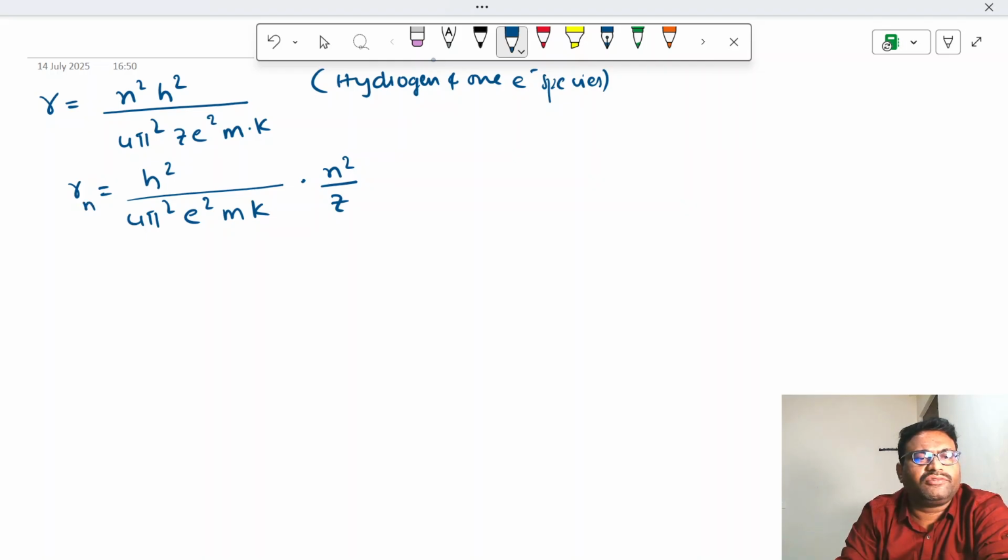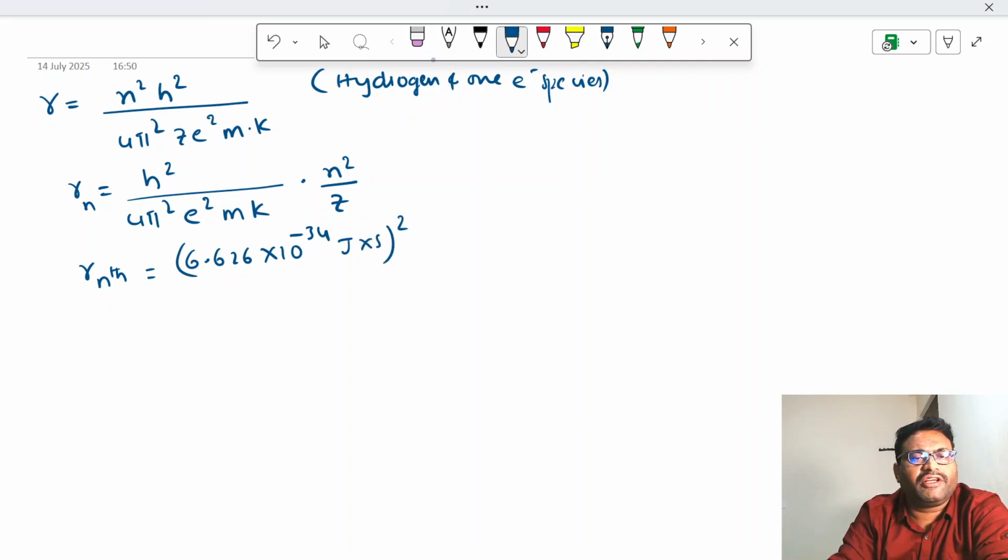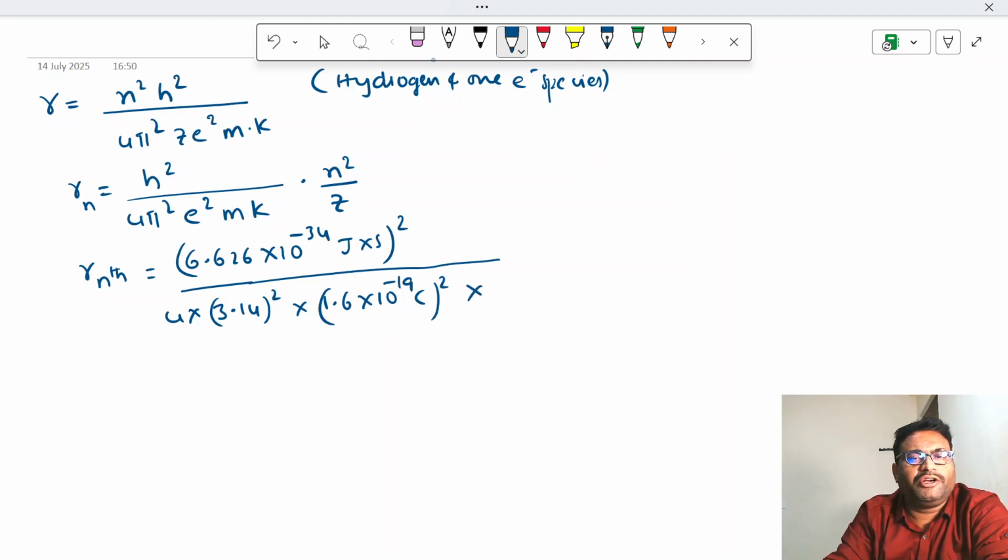Radius of the nth orbit. So radius of the nth stationary state is given by 6.626 into 10 power minus 34 joule second whole square by 4 into 3.14 whole square into 1.6 into 10 power minus 19 coulomb whole square into K, 9 into 10 power 9 Newton meter square per coulomb square.